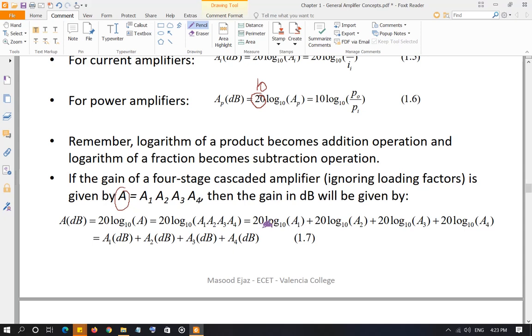This is A1 in decibel, this is A2 in decibel, and so on. So your total gain in decibel is the sum of the individual gains in decibels.